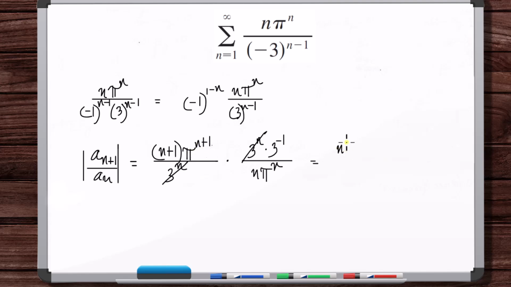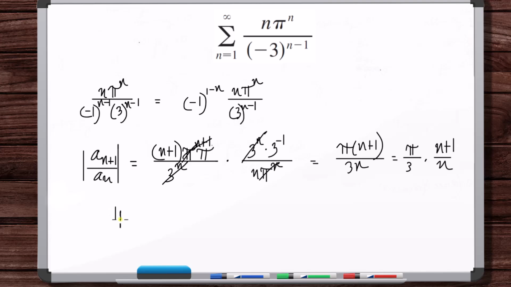So we've got pi times n plus 1, and then we could bring this 3 into the denominator. These cancel here. So we've got pi over 3 times n plus 1 over n.